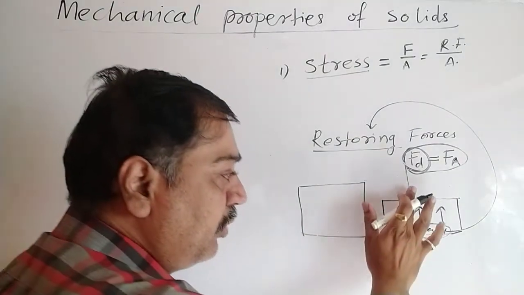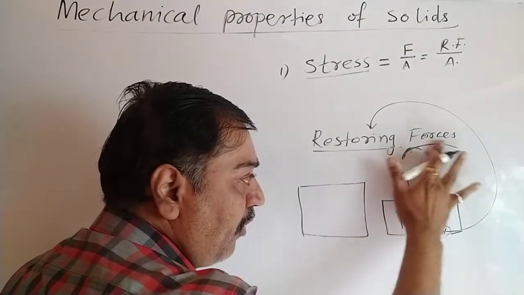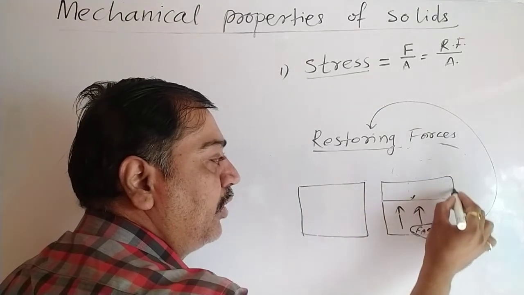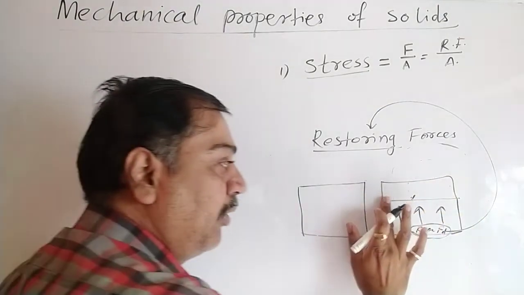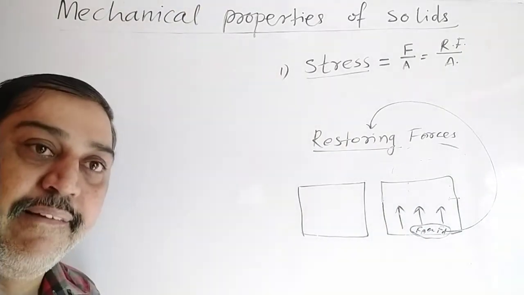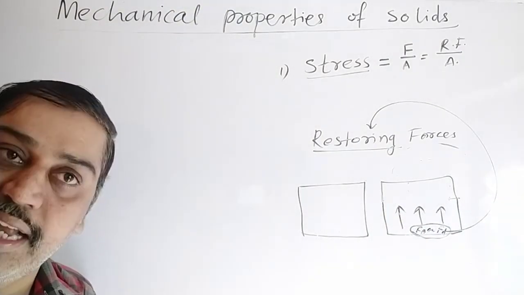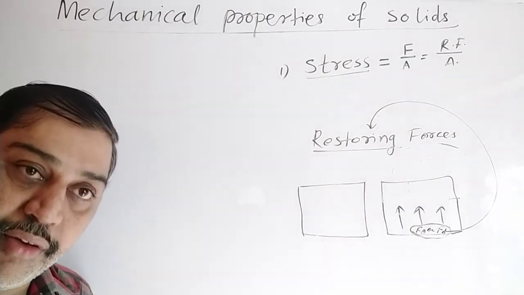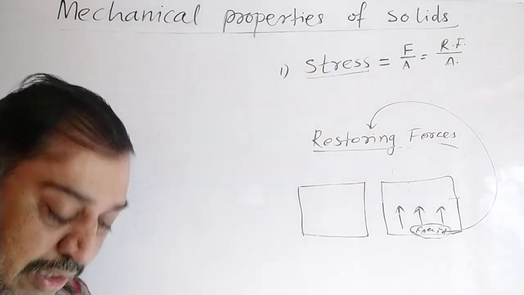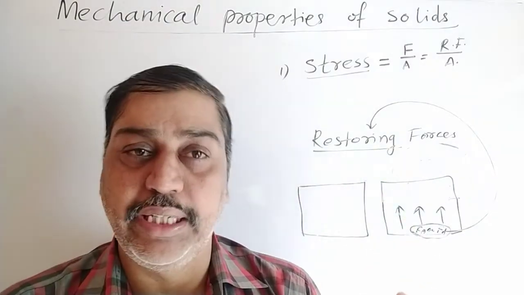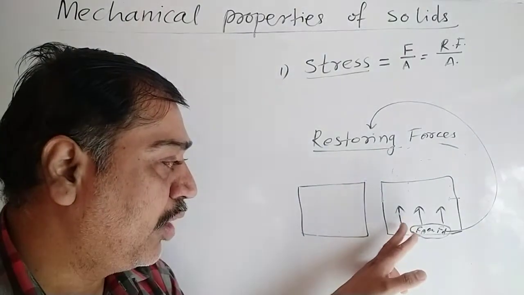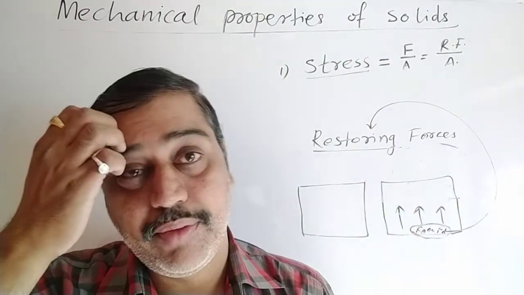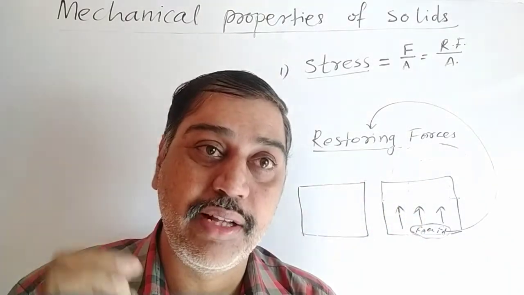When you remove the external deforming force, due to these forces the body comes to its original shape and size again, and then we can say the body behaves as an elastic material. Restoring forces are the internal forces created in the object that try to restore it, meaning to move it to its original shape and size.